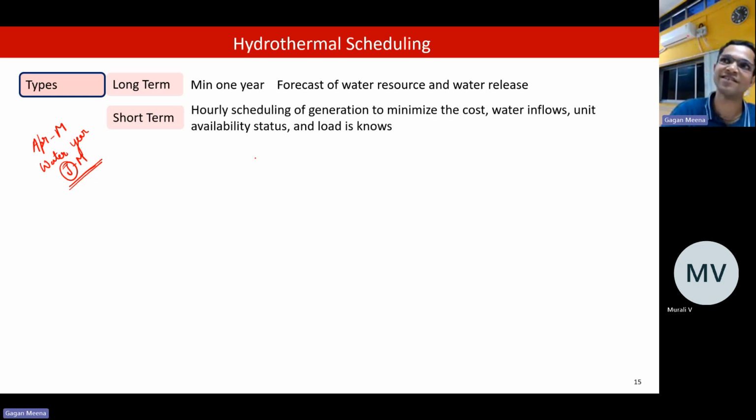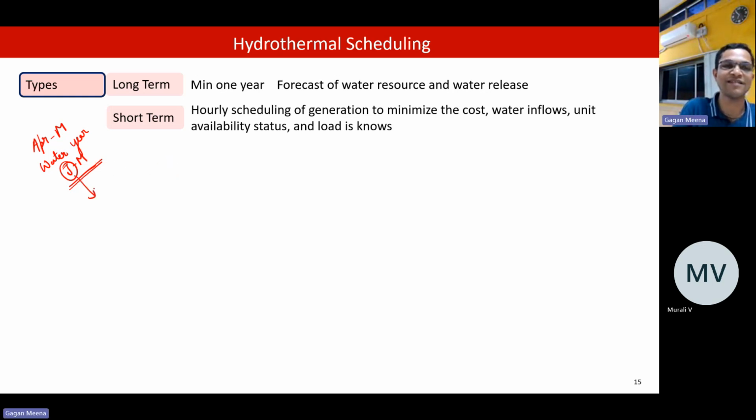Then the one who is scheduling hydro will try to empty the dam so that it can be filled again because rainfall will be more. We want to even avoid floods also. So it will try to use the entire water by the end of this water year.